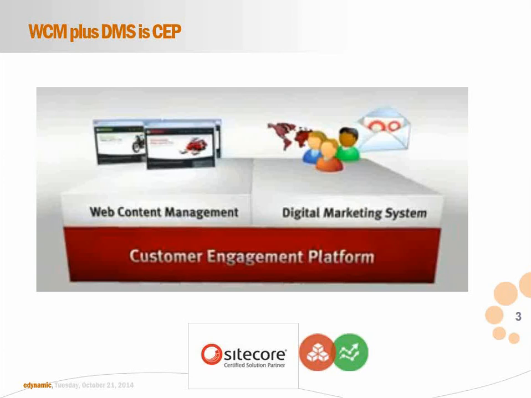And that platform really helps to engage in one-to-one conversations with individual customers across any channel, and that is how we move the conversation forward for measurable business results. So that's all about the customer engagement platform. It consists of two parts: web content management plus the DMS.